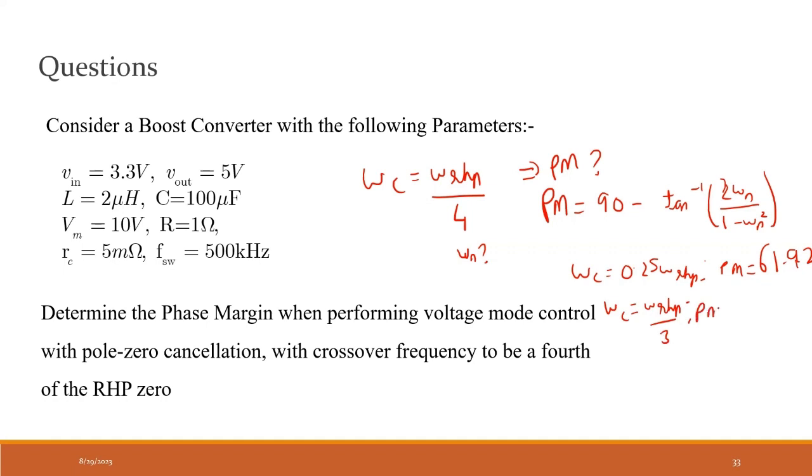Now assume omega C is omega RHP by 3. Then what will be the phase margin I will get? So omega n is 0.33. What will be my phase margin?